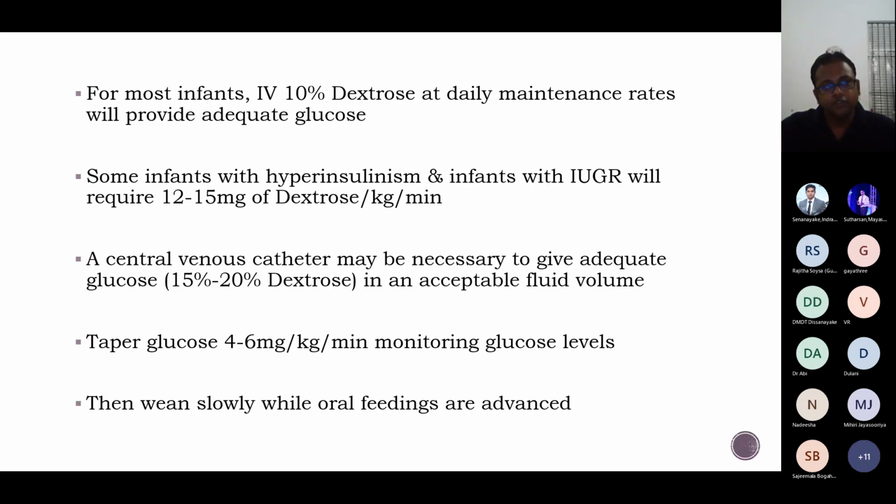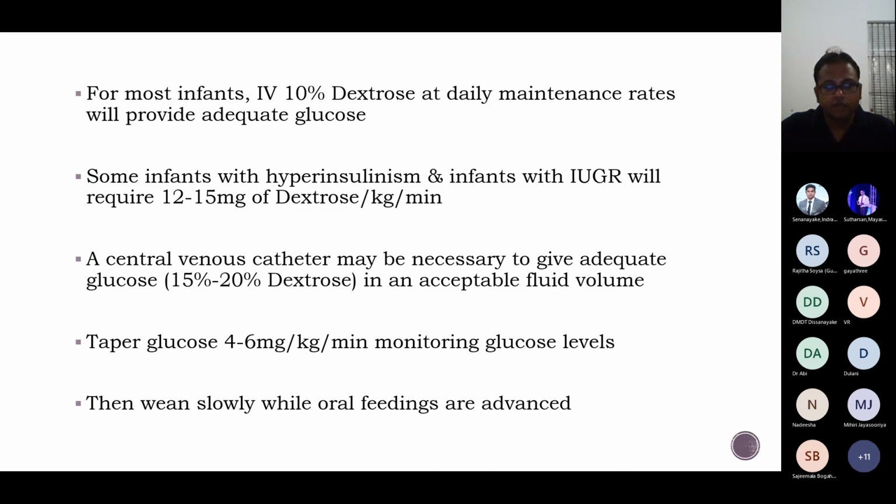So for most infants, if you give usual maintenance fluids for that appropriate day, it will maintain the glucose values. But sometimes some infants who are having hyperinsulinism or infants with IUGR might require higher dextrose percentages.